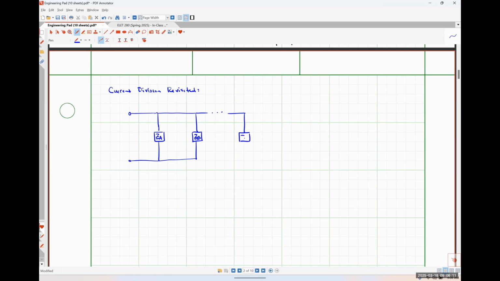Let's call this guy Z sub n, where this just represents the last one. And let's say that I have some known current that's flowing into this network, and I'm interested in finding the current flowing through one of these individual impedances, like so.